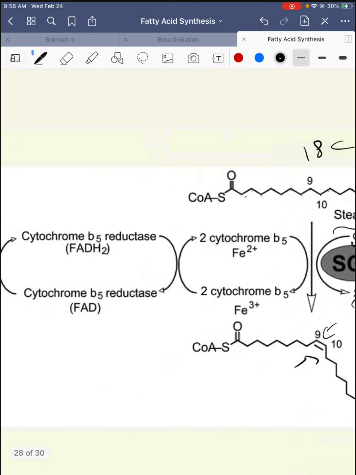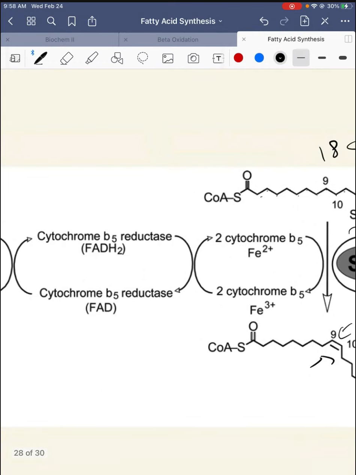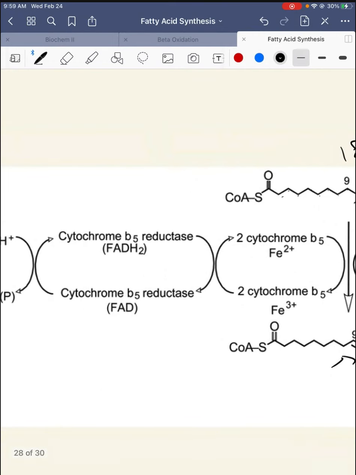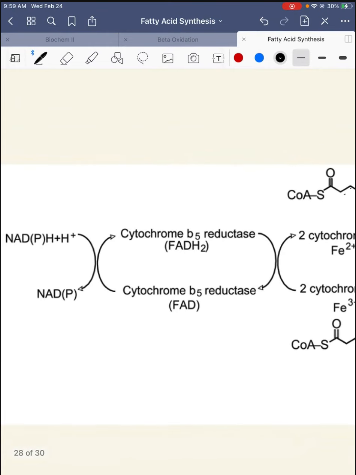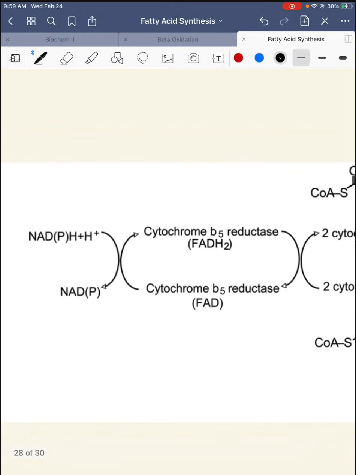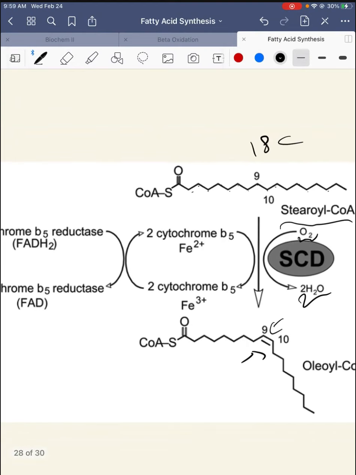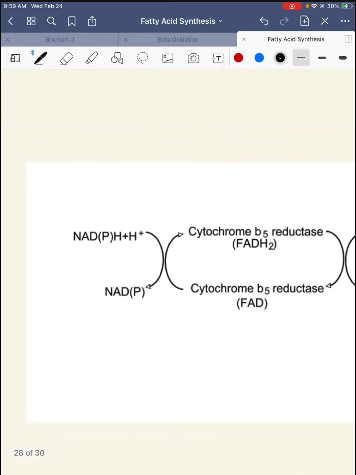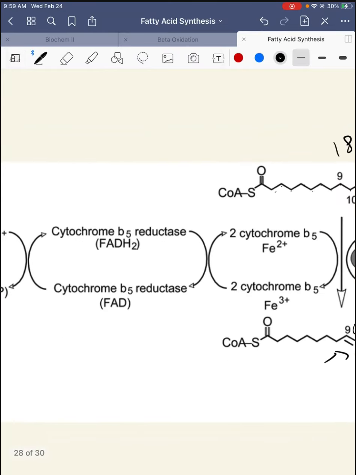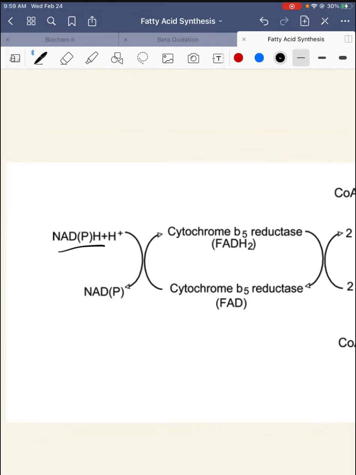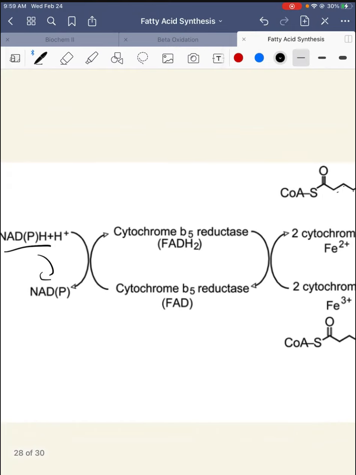You get a reduced cytochrome B5, and then that gives the electrons to the cytochrome B5 reductase, which has FAD and FADH, and then the electrons are shuttled in here, right? Or it can run the other way around. NADPH can be oxidized to NADP, and in that process, FAD is reduced to FADH2.